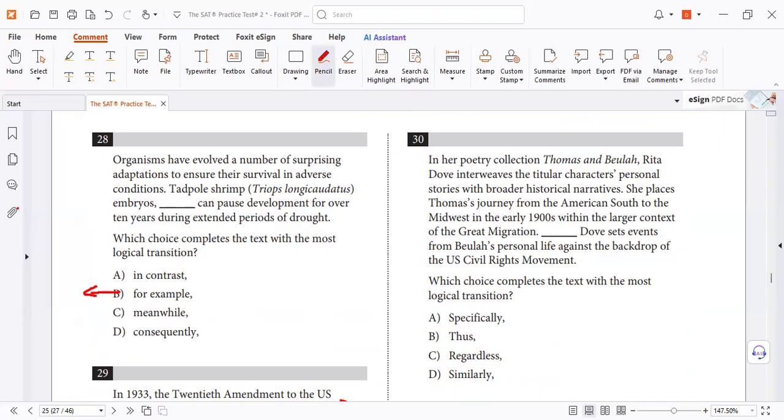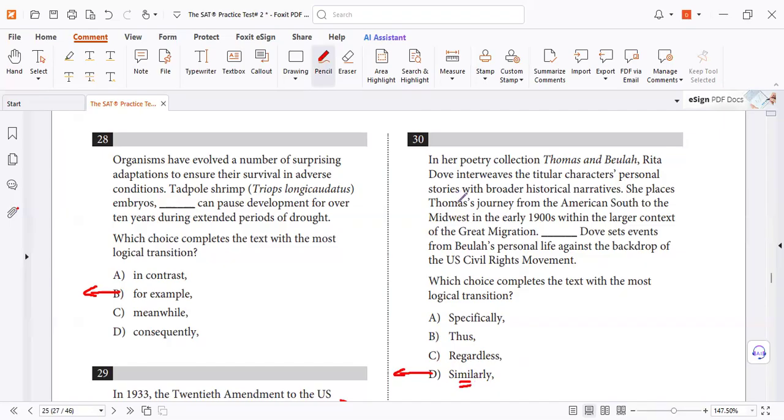Letter D. Letter B, are you sure? Letter D, no. It's a similarity. Okay. Similarity between two actions, you know it?